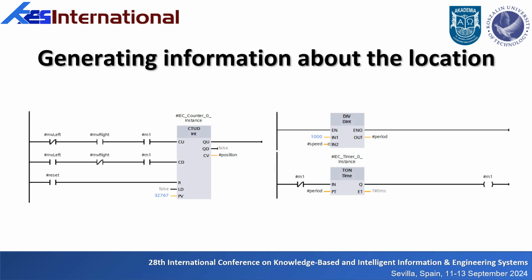The position output gives information about the current position of the object, while the flag output contains information about reaching the set position determined by the position of sensor X1, X2, etc.